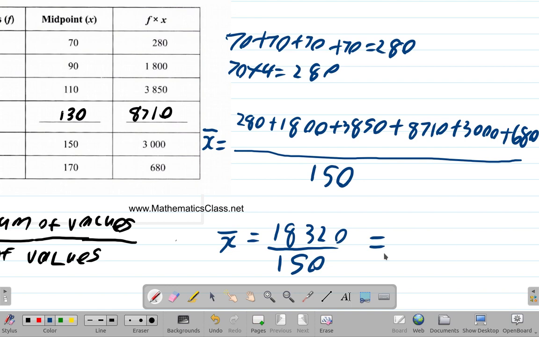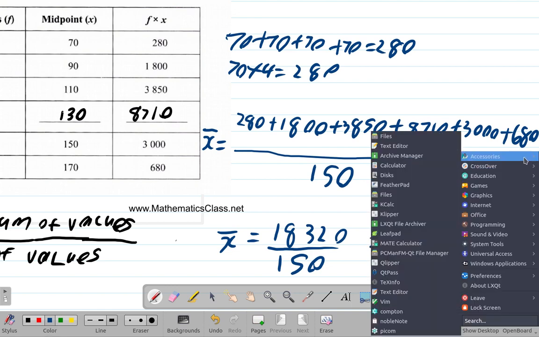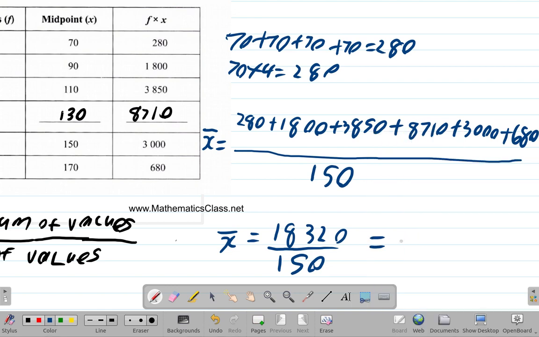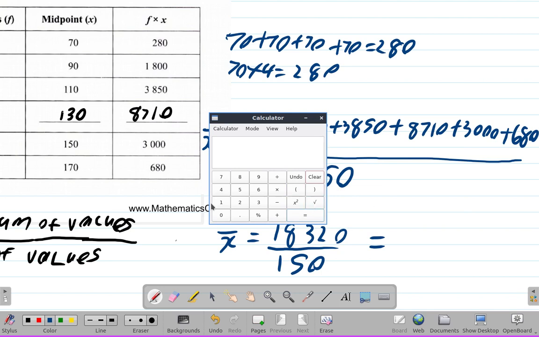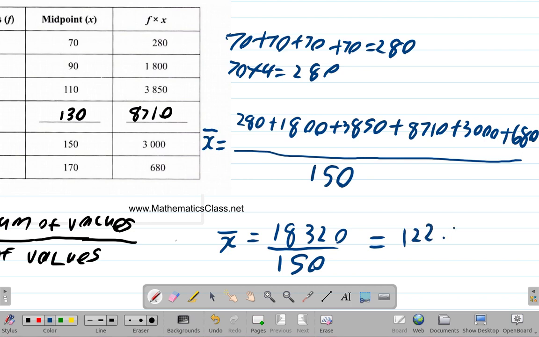Let's see. So our calculator again. 18,320 divided by 150 equals 122.13 centimeters. 122.13 cm.